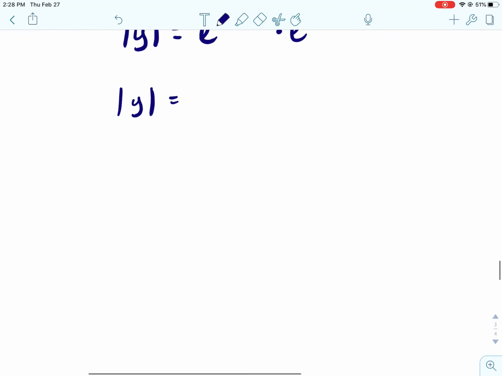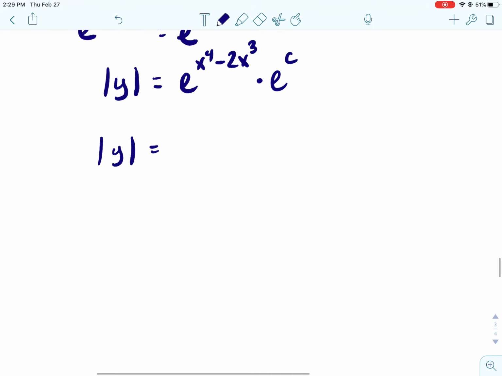All right, so let's talk about e to the c for a second. e is about 2.718. If I took e and I raised it to a constant, let's just say the 3rd, I get another constant, right? So this e to the c is a constant. That's different from the original constant, and it's being multiplied by it.